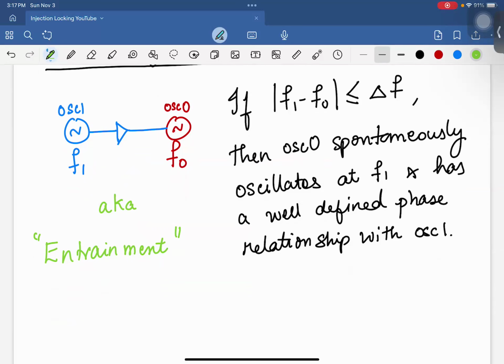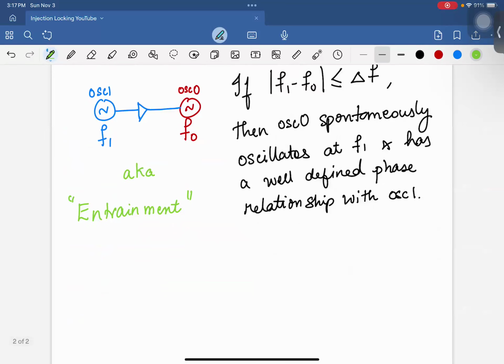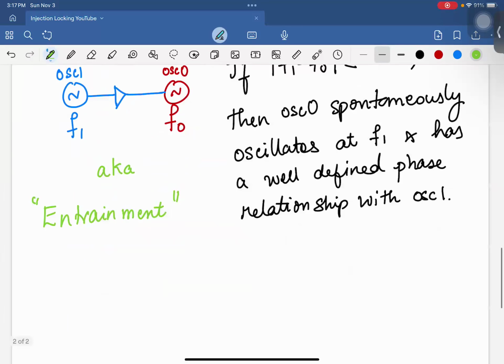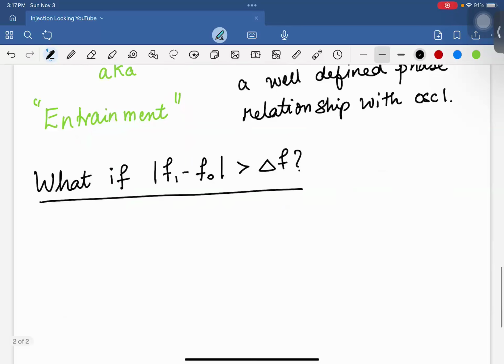So obviously the next question would be, what if I'm beyond this frequency range? What if I inject a signal that is not within this limit, so it doesn't satisfy this condition? Let's ask that question and see what happens. What if F1 minus F naught is greater than delta F?